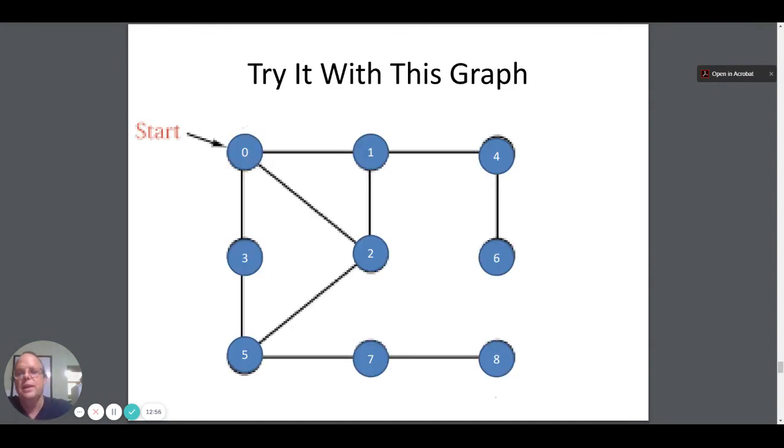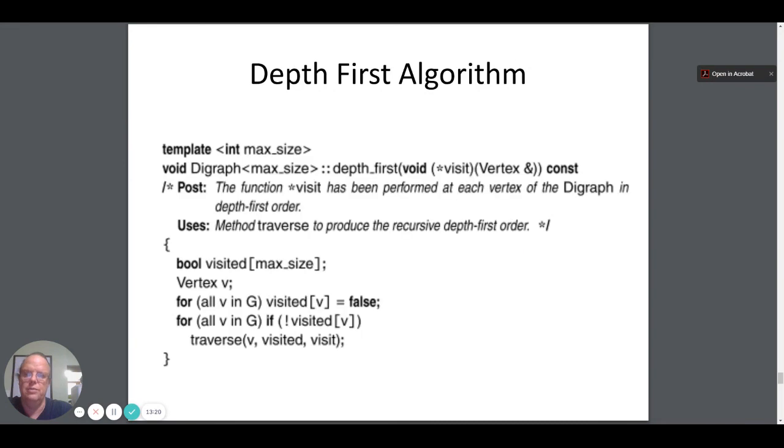Here we start at 0, then we visit 1, 2, and 3. Those are all the ones that are 1 away from 0. Then we visit 4 and 5. Those are both 2 away from 0, 6 and then 7 are 3 away, and then finally we visit 8, which is 4 away. So that's a breadth first traversal of that graph.